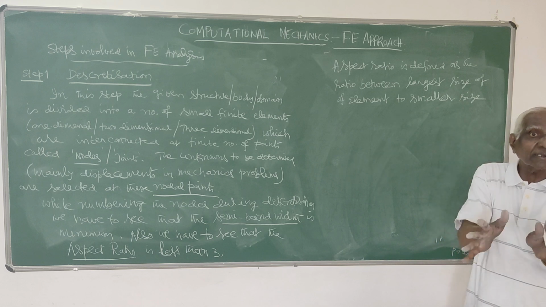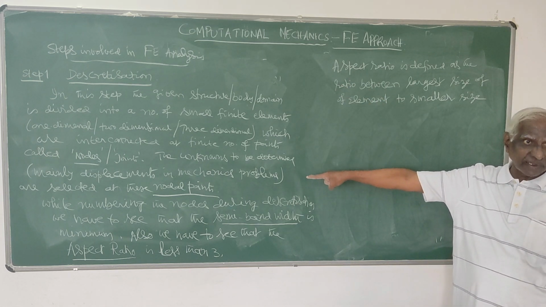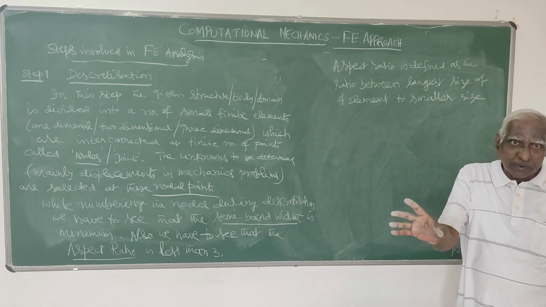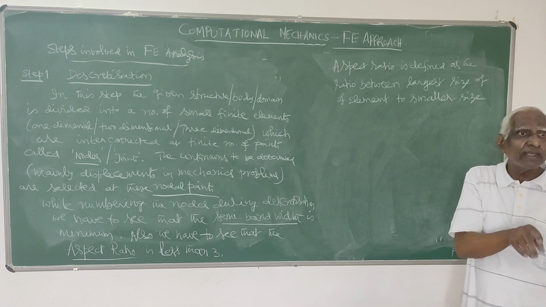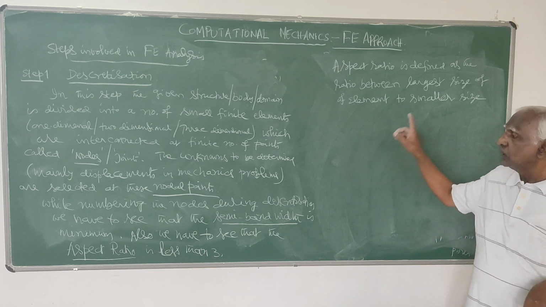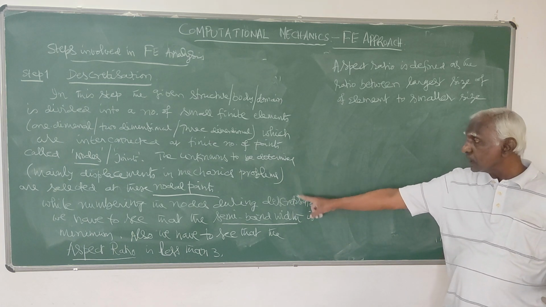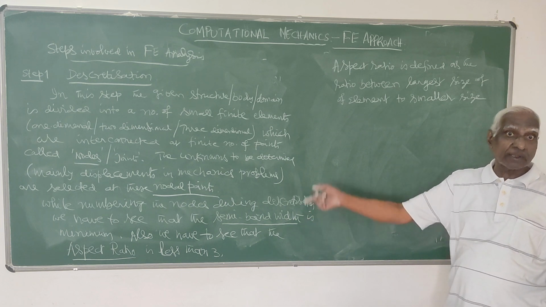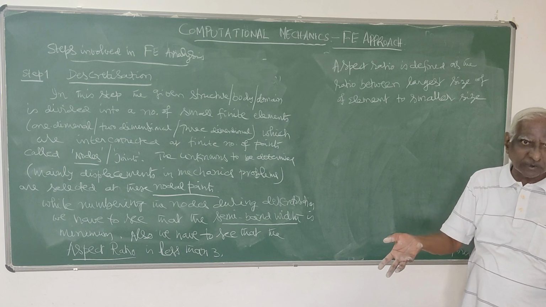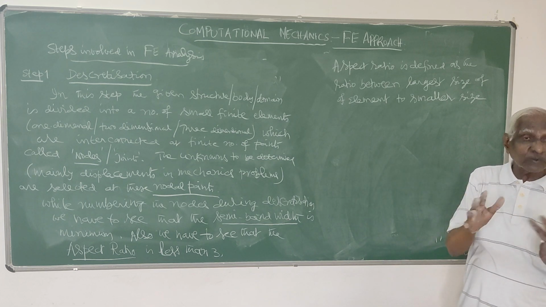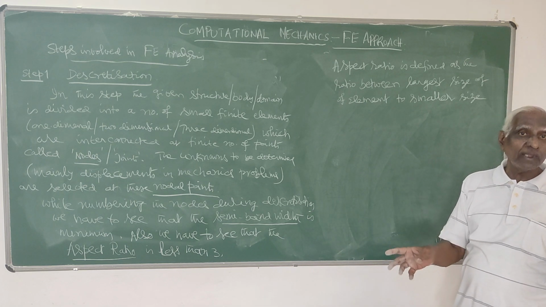So the restriction is put in the division. You have to take care that the ratio of the larger side of one element to the shorter side of the element should be less than 3. And also the semi-bandwidth, which affects the storage capacity, should be minimum.